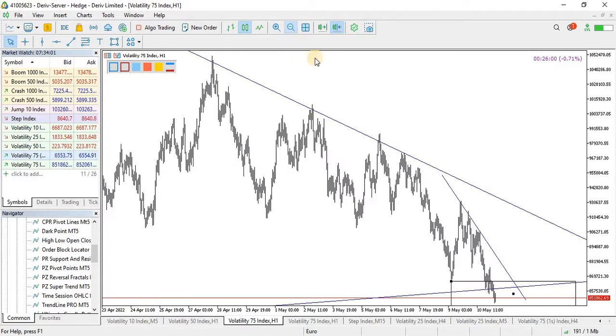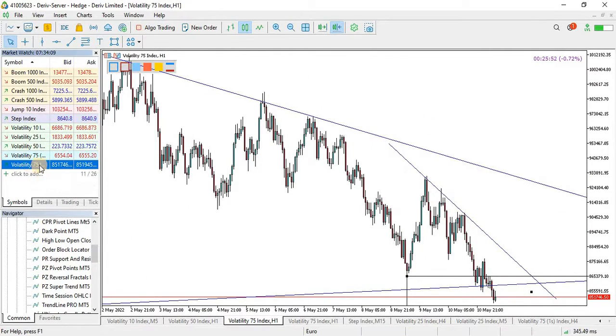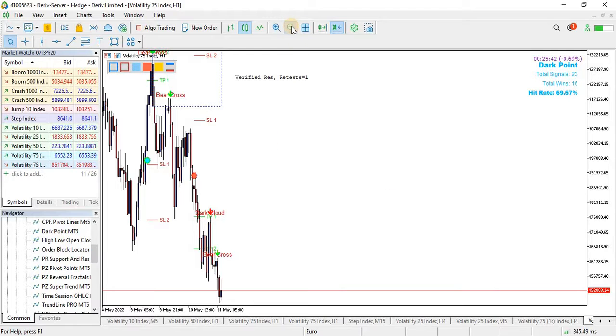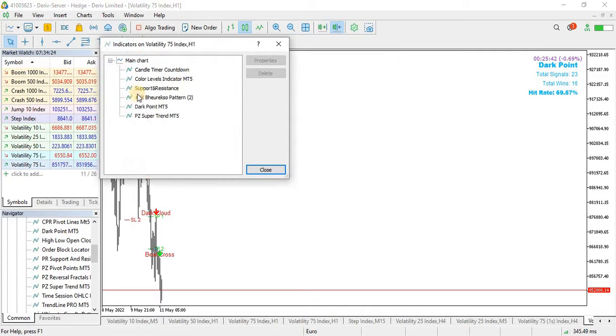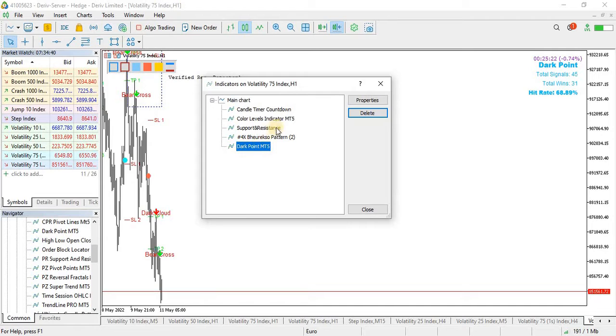So on this chart here, the idea is just to use this chart to identify the trend, and then open up another chart, another V75, and insert my trading system, which includes this dark point, which will give me buy and sell signals. This pattern always shows me the engulfing candles, and that, as it says, it's a support and resistance indicator.